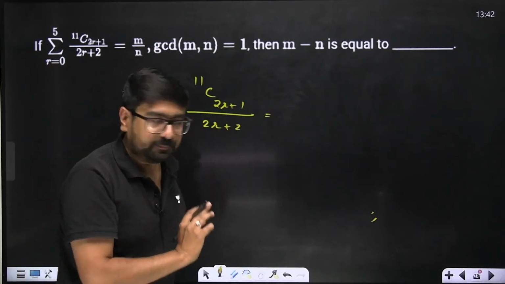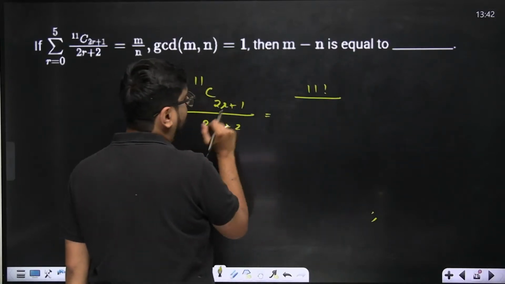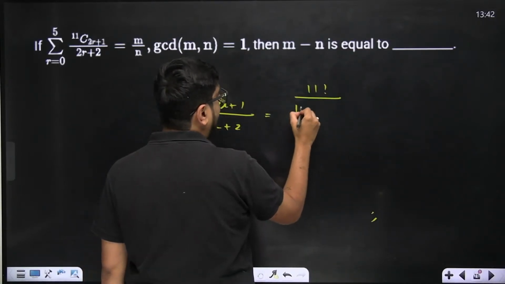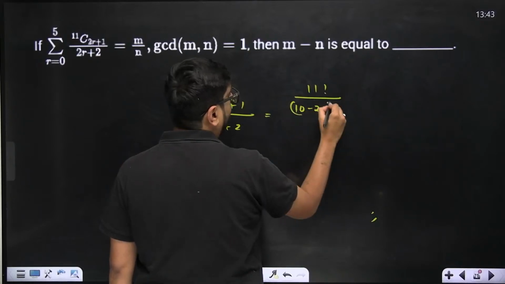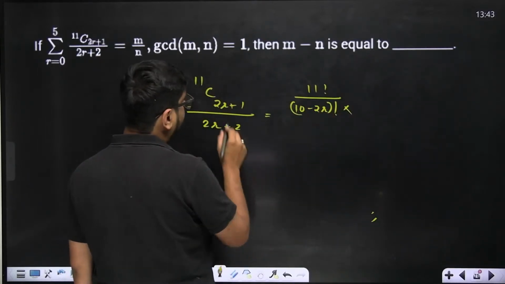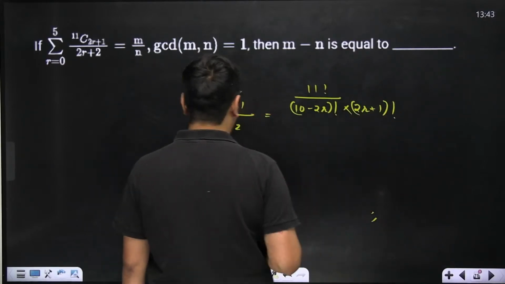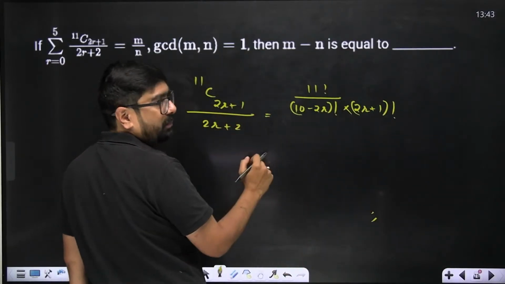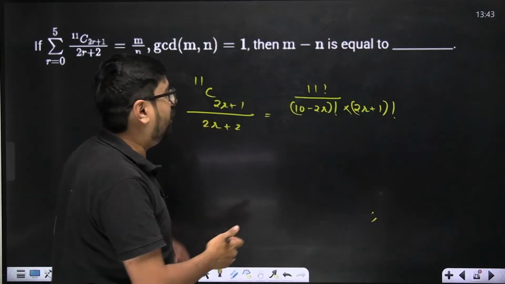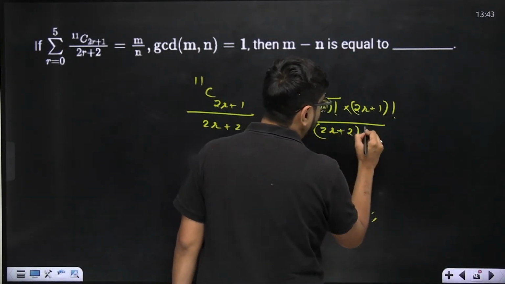Let's expand it. This becomes 11 factorial divided by (11 minus (2r+1)) factorial, that means (10 minus 2r) factorial, multiplied with (2r+1) factorial, and also divided by (2r+2). Let me write a couple more steps so that you are confident.